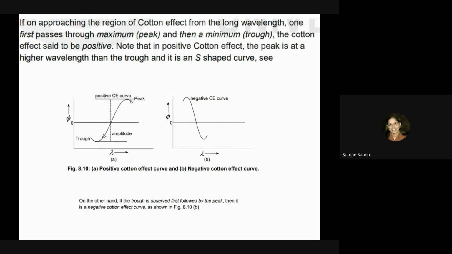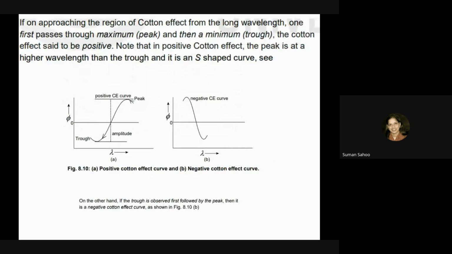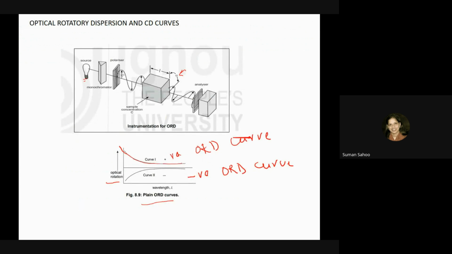So there is another effect. This happens when you don't have a chiral environment. But when you have a chiral environment or chiral molecule, here you don't see any maxima or minima. This is a straight curve, that's why this is known as your plain ORD curve.